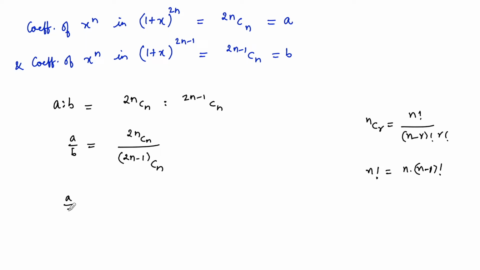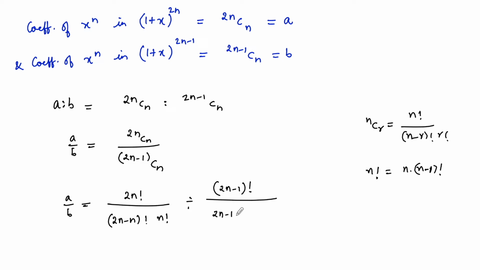So a/b = [2n! / ((2n-n)! n!)] divided by [(2n-1)! / ((2n-1-n)! n!)].